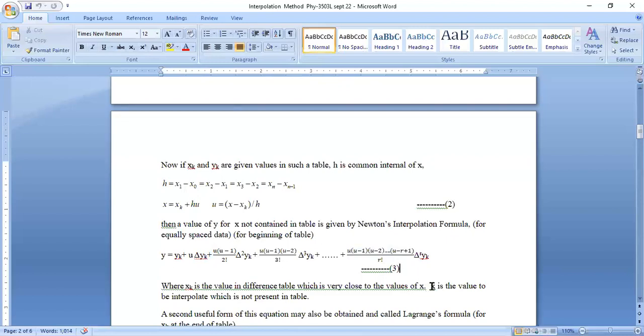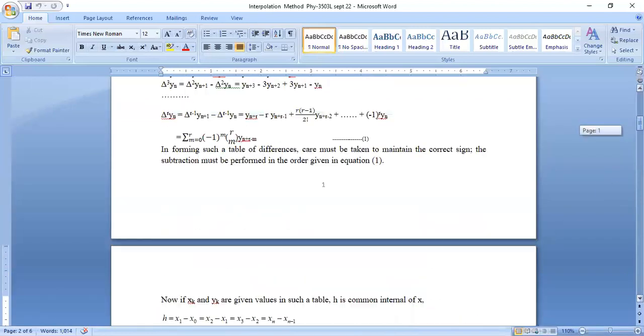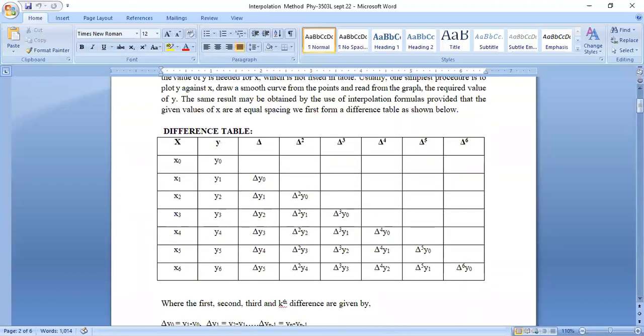Generally, when the value of x which is to be interpolated is lying in the beginning of the table, that is near x0, x1, x2, x3, then you have to use the forward interpolation formula.